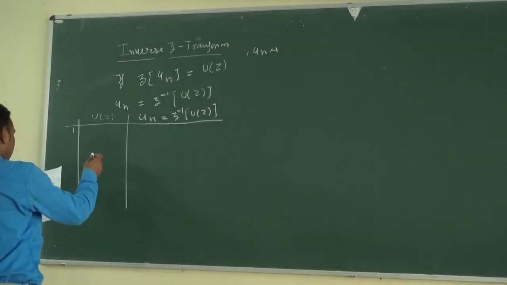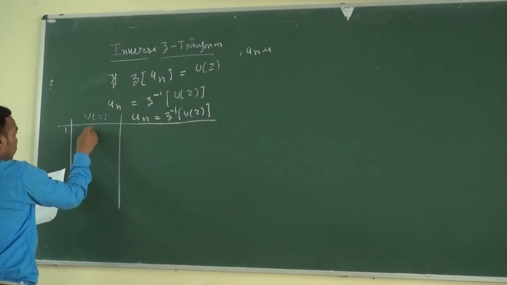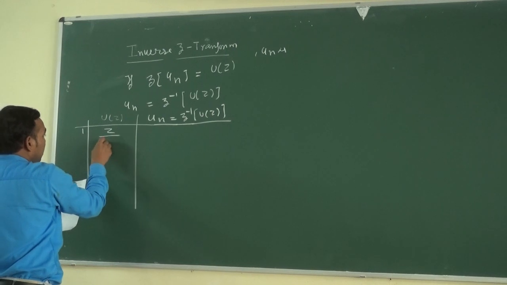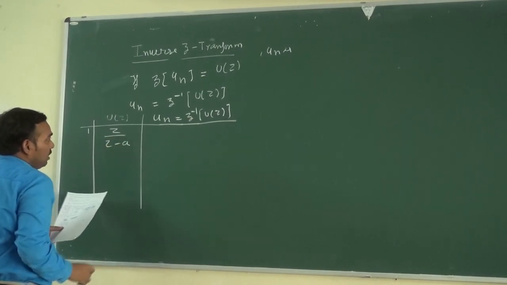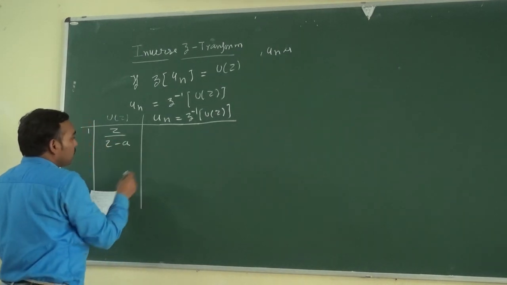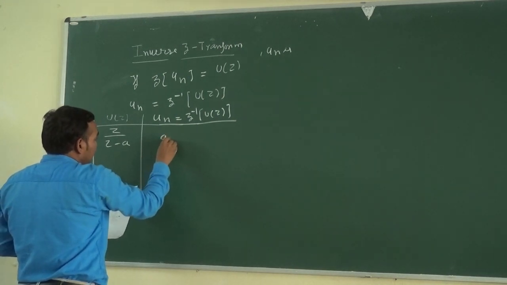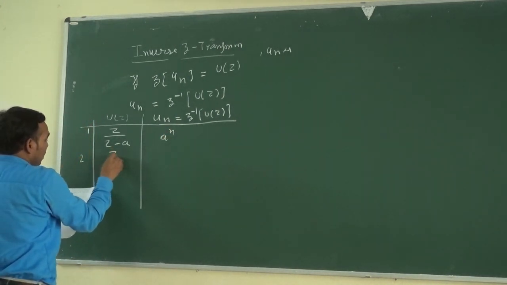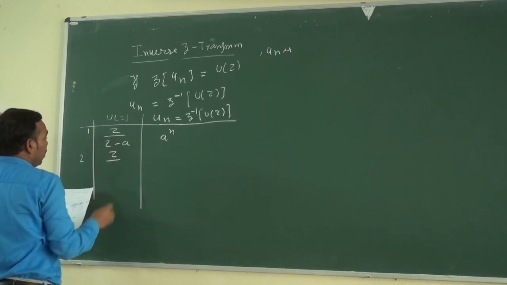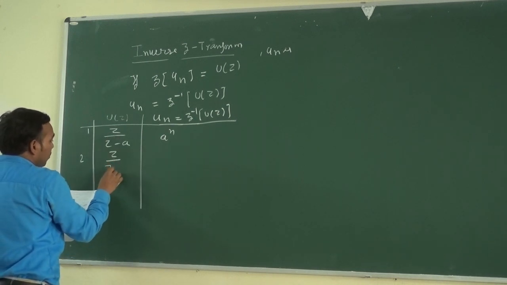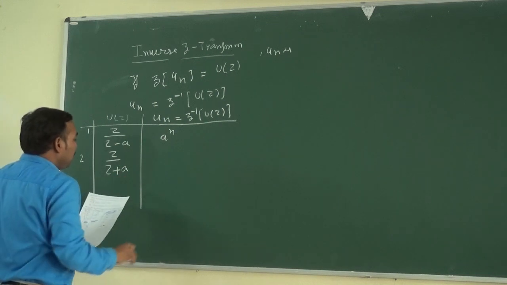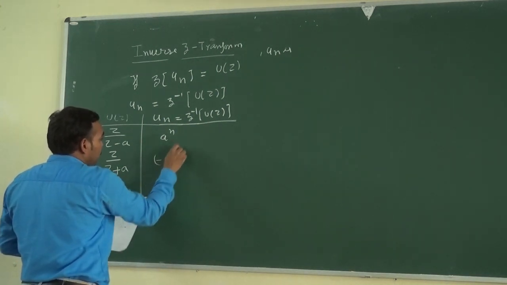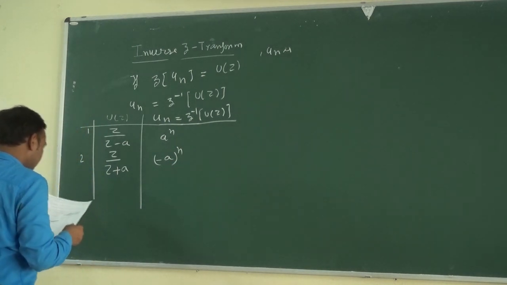For example, if U(z) is equal to z upon z minus a, then the inverse Z transform of this is a to the power n. Second, if U(z) is equal to z upon z plus a, then the inverse Z transform is minus a to the power n.